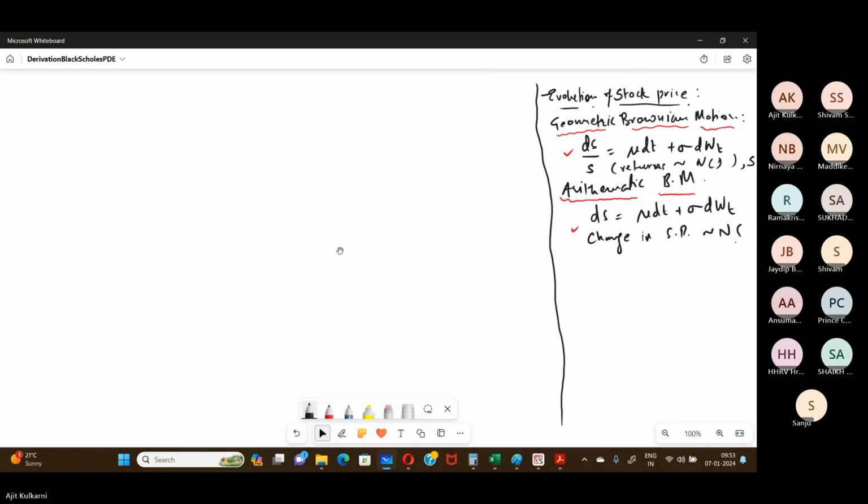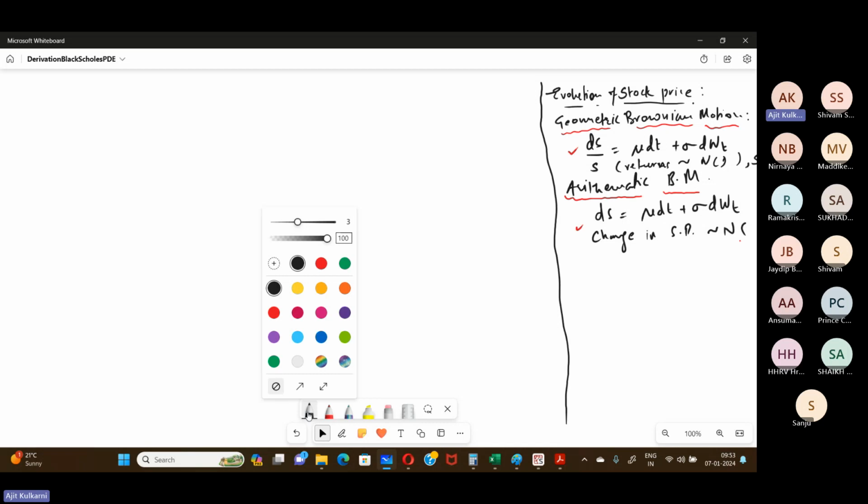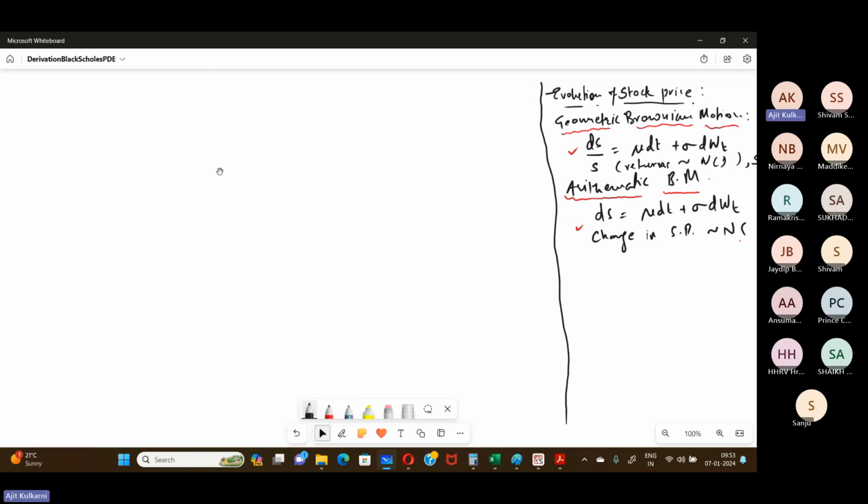Now let us look at a portfolio. Let us say I have a portfolio, pi, which is a collection of an option, so one long option, and I have shorted delta numbers of shares.